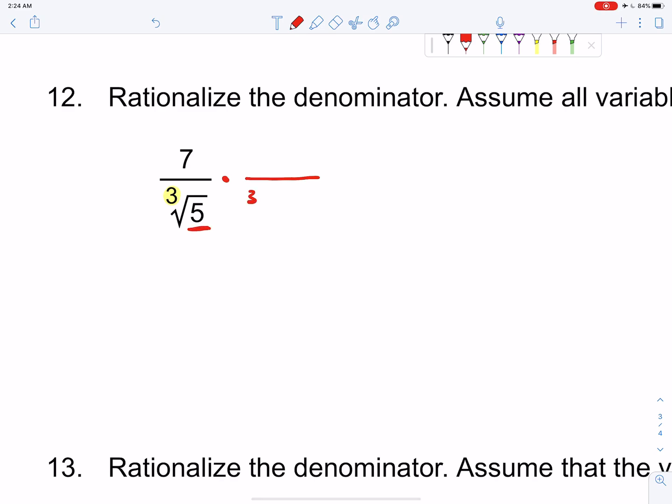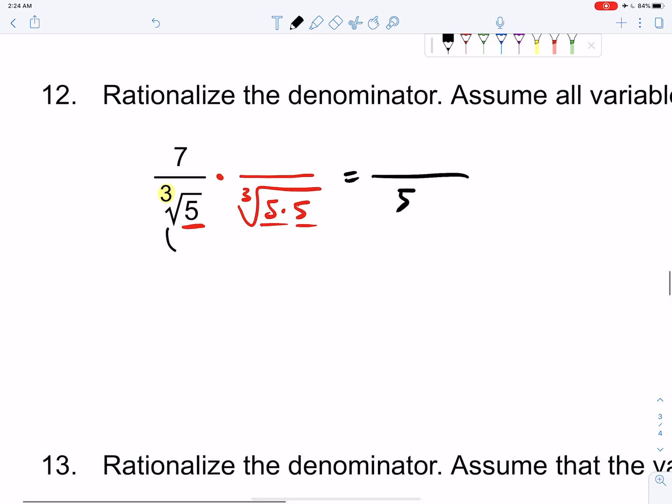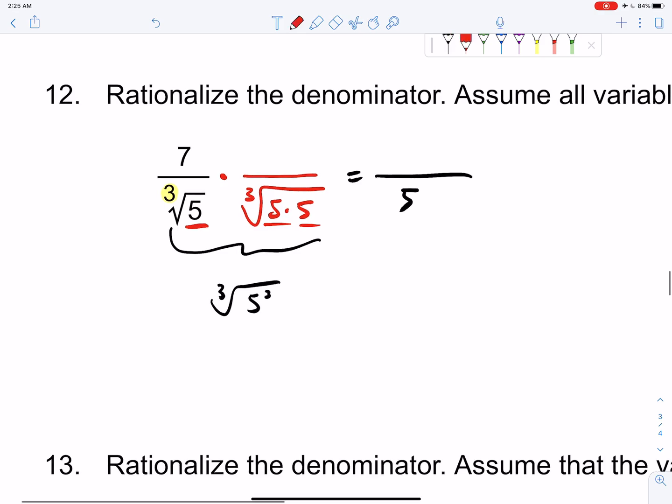So we must multiply this by the cube root of 5 times 5. So now I've got 1, 2, 3. And in the end, that denominator will be just 5, right? Because when you multiply all those up, that gives you the cube root of 5 cubed. And whenever the power matches the index, out comes the 5, and that's what we did.